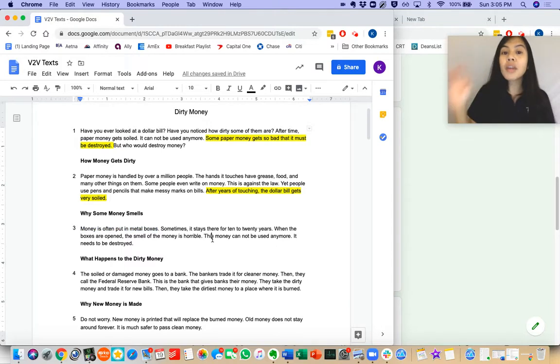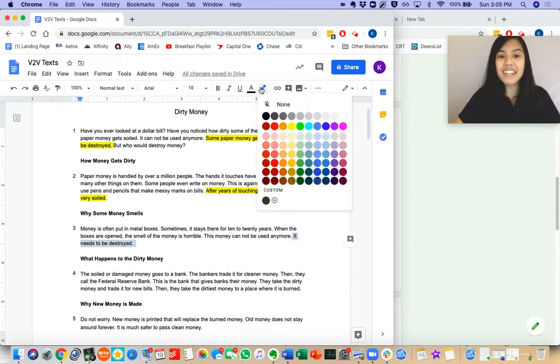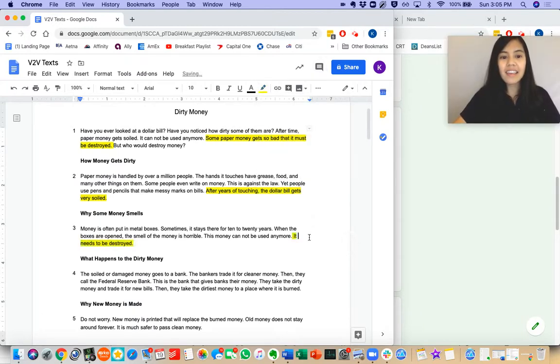We know that if it's not the first sentence, we can always check the last sentence. It must be destroyed. I'm noticing that this sentence tells me what happens to that money that smells. And it sounds like an important detail to the rest of the text, so I think that this is the topic sentence. It needs to be destroyed.